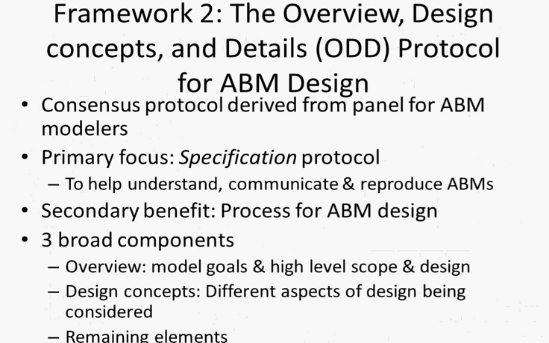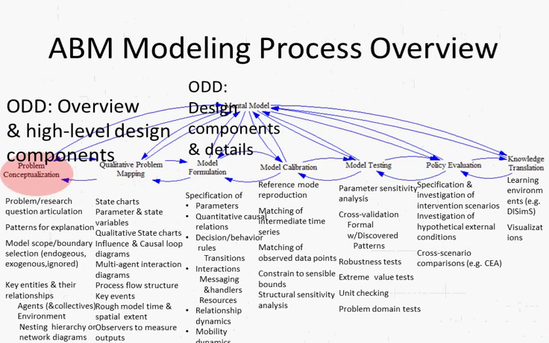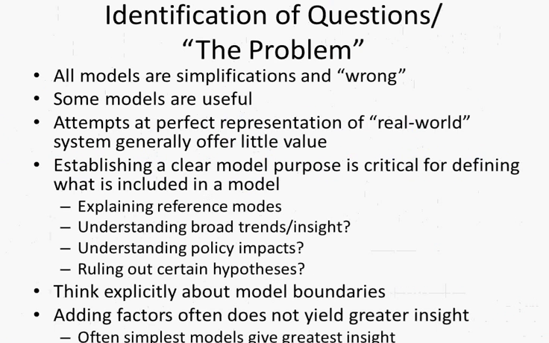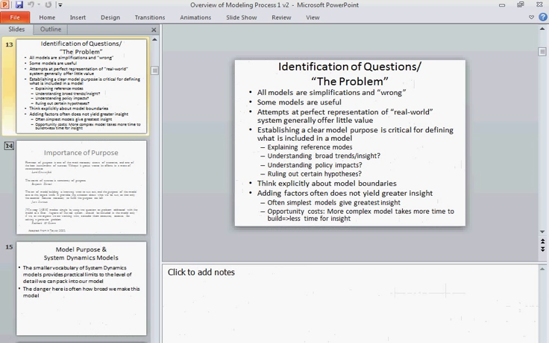Some of these can inform the design, how the model is built up over time, and things to keep in mind for that. There's a good book by Railsback and Grimm, which is on the reference list that is part of your binders, where I've referred to some of these items. Okay, so those are some comments on the modeling process.